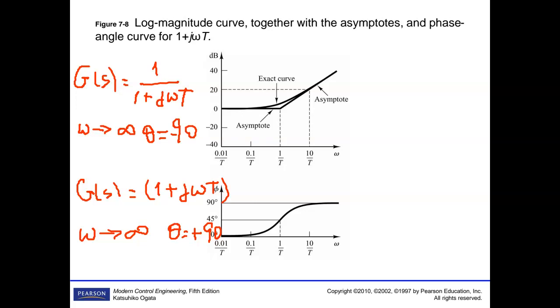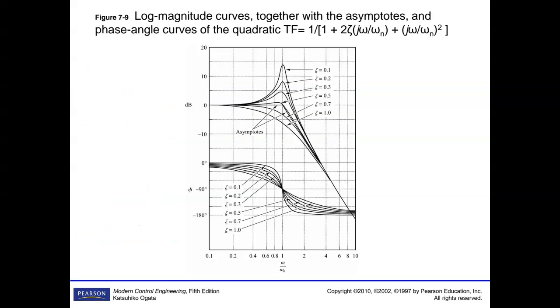Bunun S domain karşılığı omega n square over S square plus 2 zeta S omega n plus omega n square. Bunu hatırlıyorsunuz hepiniz. You remember that one. So bu bunun karşılığı.